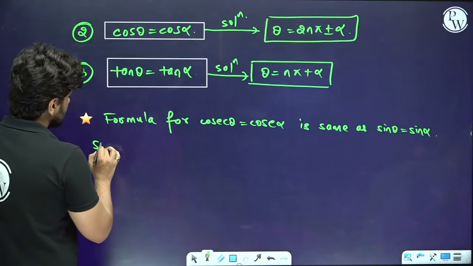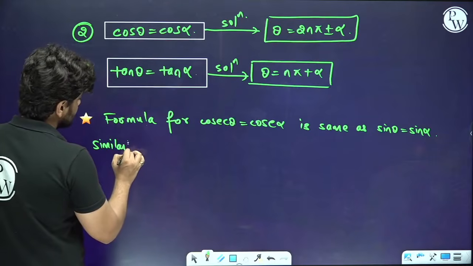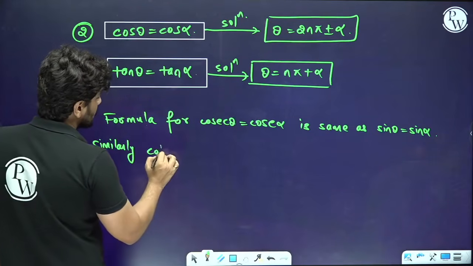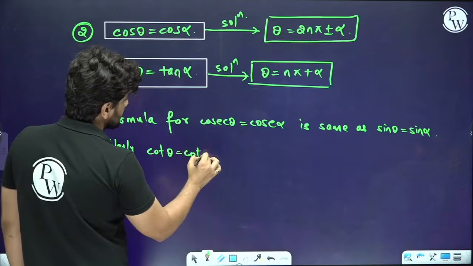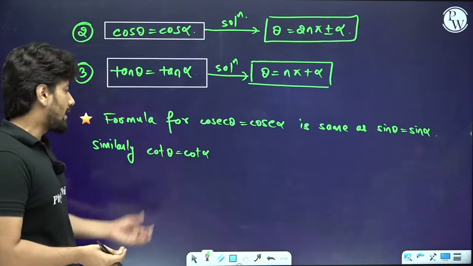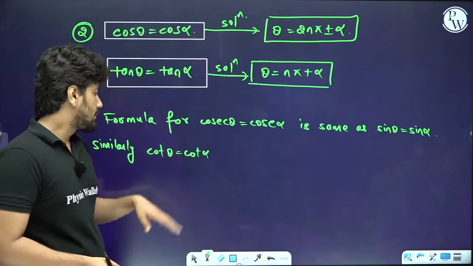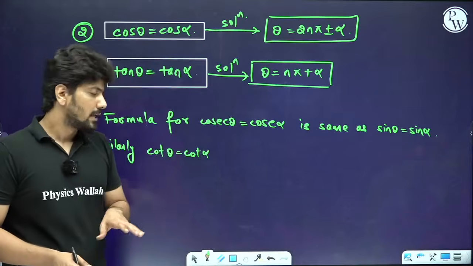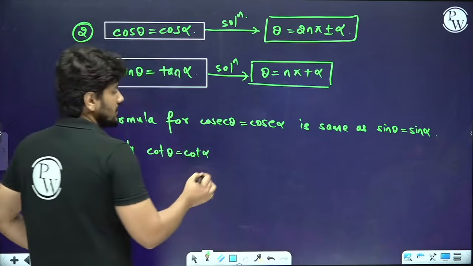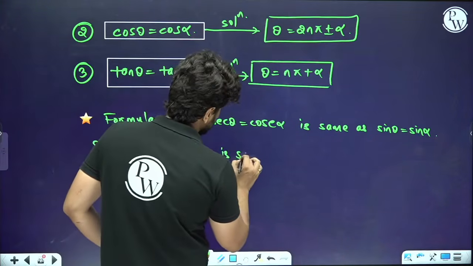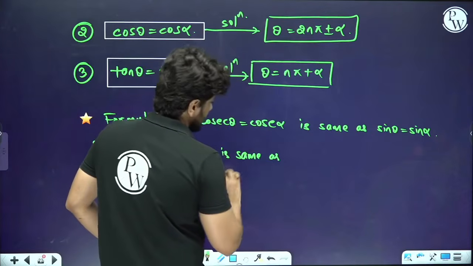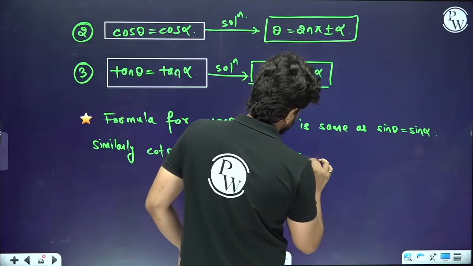Similarly, you can guess it, that the formula for cot theta is equal to cot alpha. If you write cot theta as 1 upon tan theta, cot alpha is 1 upon tan alpha. So, this is same as tan theta is equal to tan alpha.